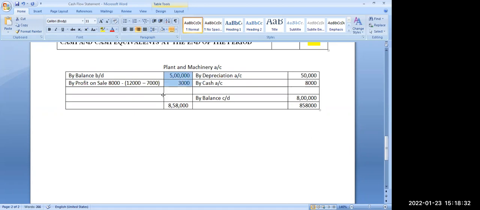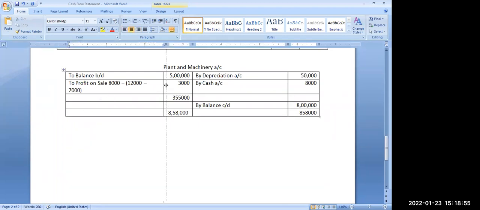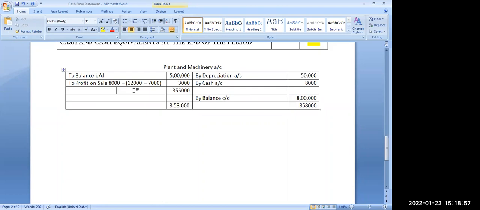So what is the shortage on this side? 3,55,000. So what will be the reason for this difference?